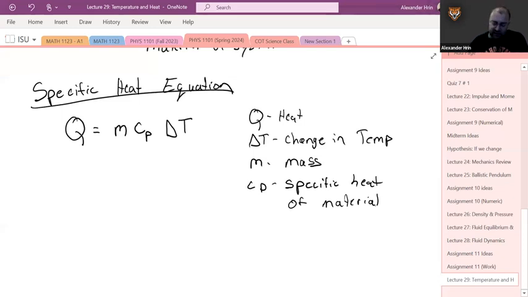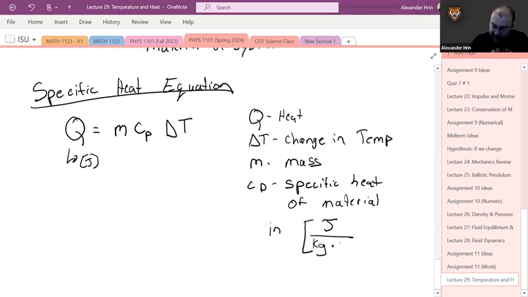And basically the units are joules in the numerator, because the units of heat are just joules. And then the units of mass is kilograms. So that means it needs to have a kilogram in the denominator there. So the kilograms in C sub P cancels with the kilograms in mass.